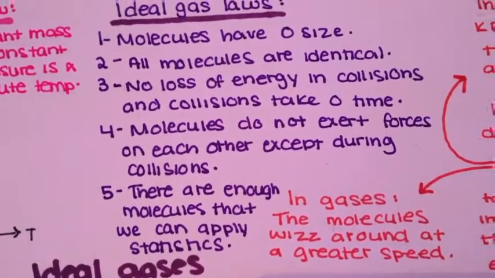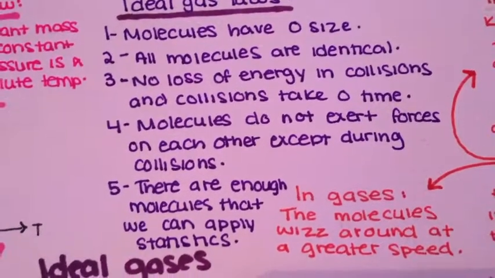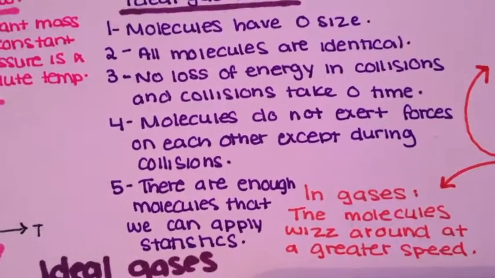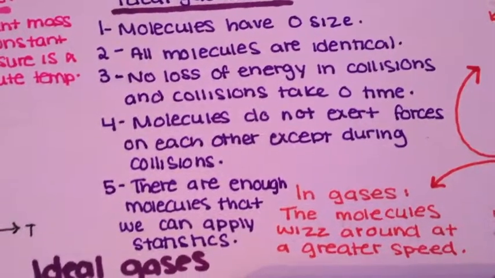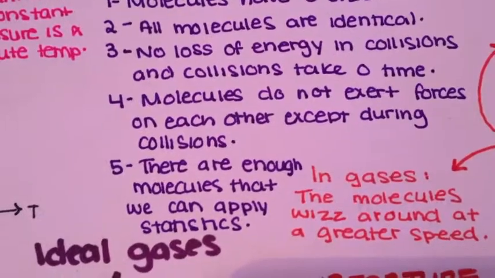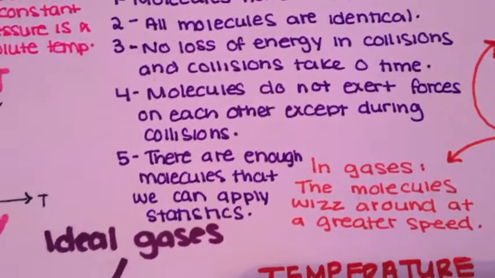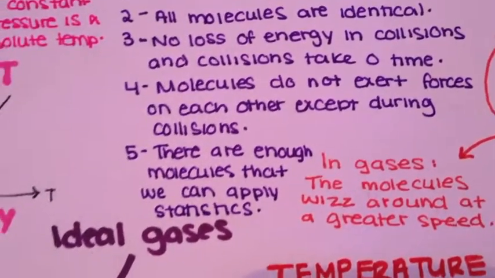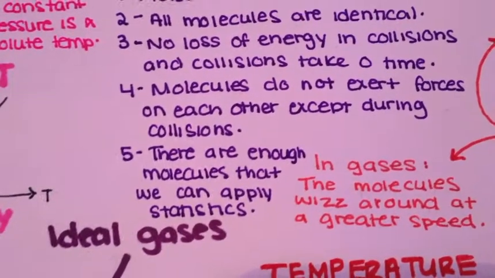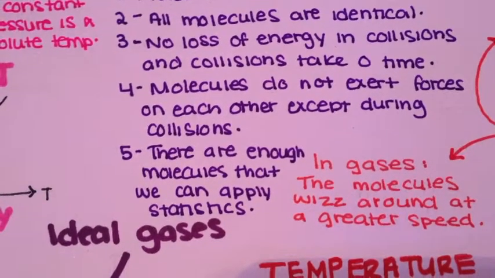No loss of energy in collisions, and collisions take zero time to take place in an ideal gas. Molecules do not exert forces on each other except during collisions, and there are enough molecules that we can apply statistics.